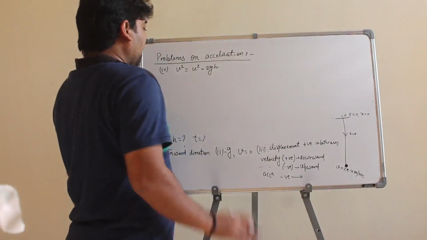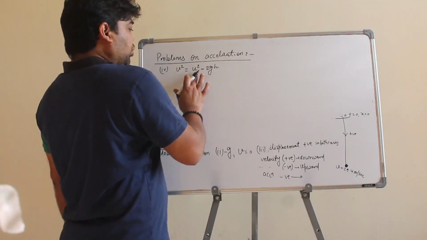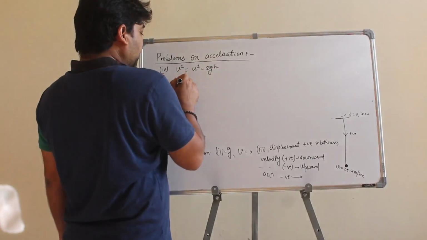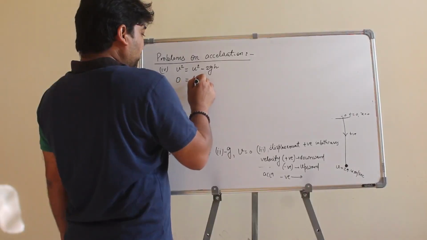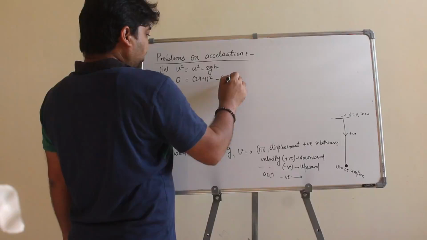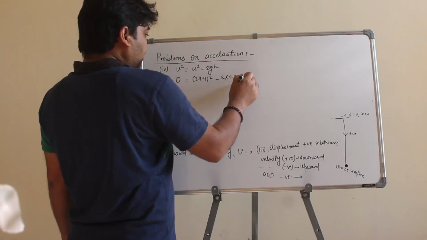Here v is 0 and u is 29.4, so 29.4 whole square equals 2 into 9.8 into h.